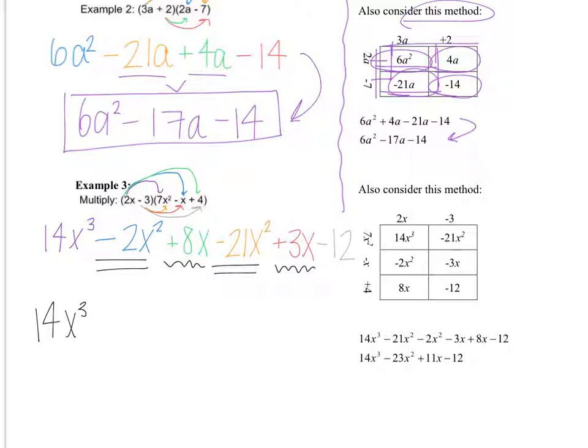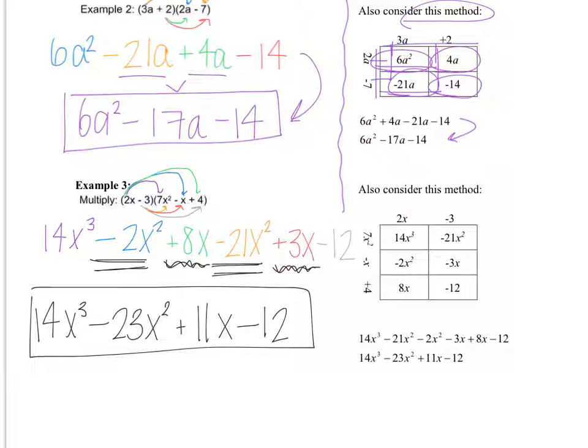Then I'm combining my x squared terms. So I have negative 2 minus 21 more, which is negative 23x squared. Positive 8x, positive 3x is positive 11x. And then carry down that minus 12.